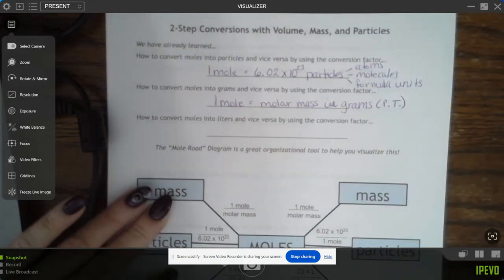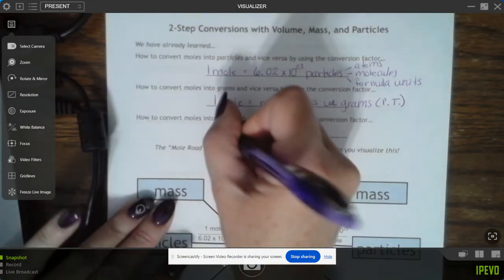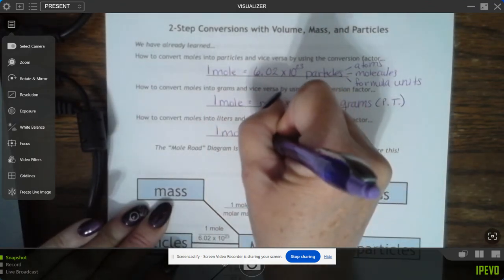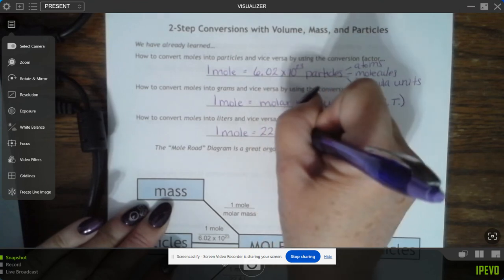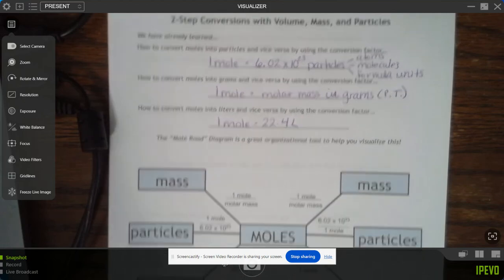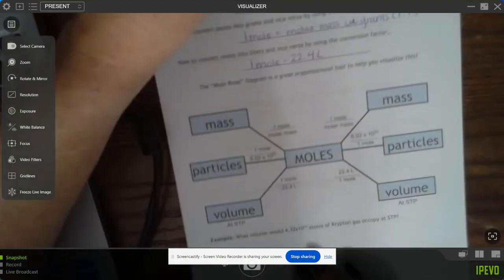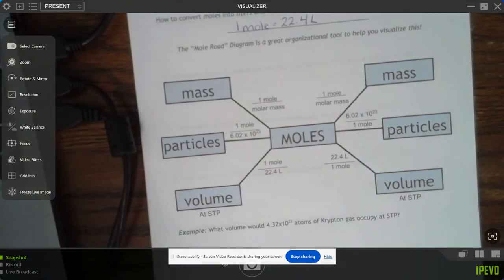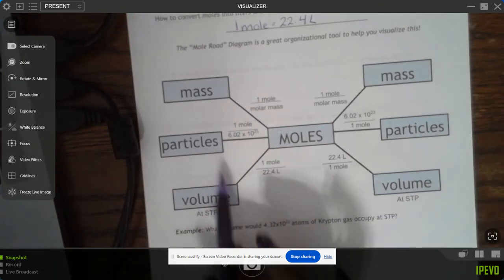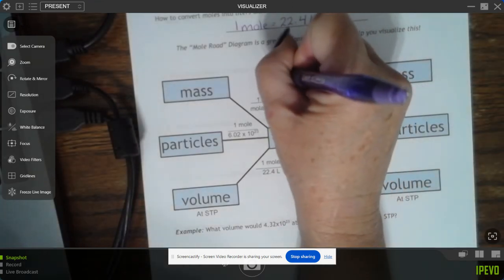And then finally, our newest conversion is 1 mole is equal to 22.4 liters. Now, if you look at this handy dandy diagram at the bottom, it gives you a guideline. I call this the mole map.